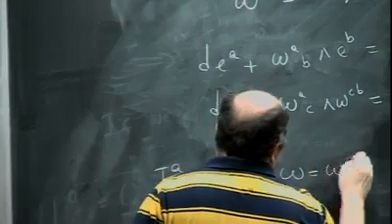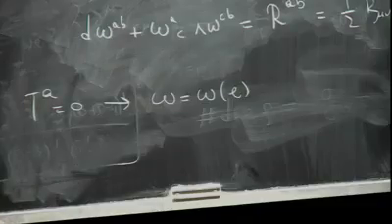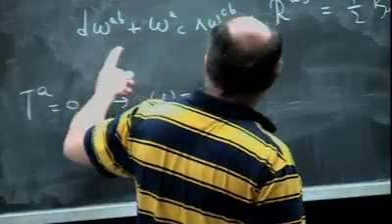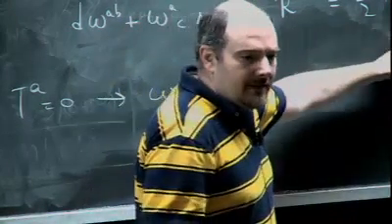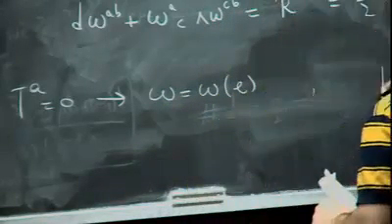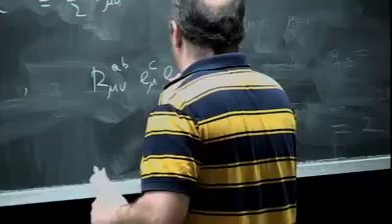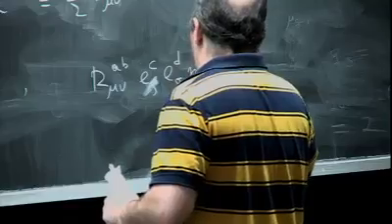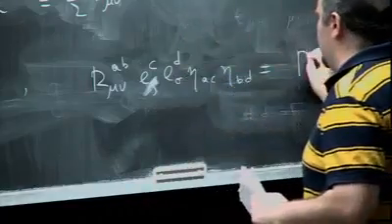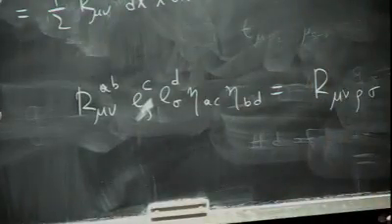This allows us to solve for omega in terms of the Vielbein, so omega becomes an auxiliary object. And once you solve omega in terms of the Vielbein, you can then verify that this definition of the curvature is nothing but the usual Riemann tensor, which you can build in terms of the usual metric.